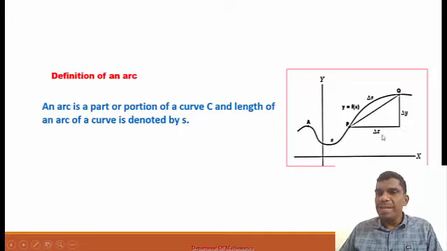If both x and y change, the length of the curve will also change, and that is denoted as delta s.